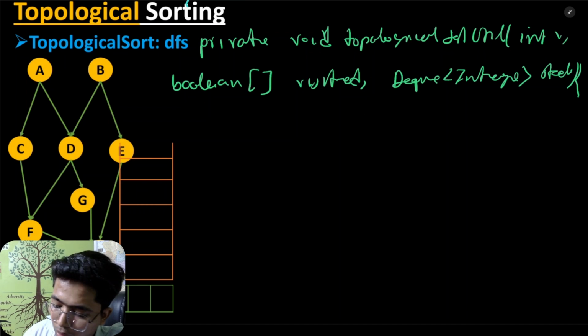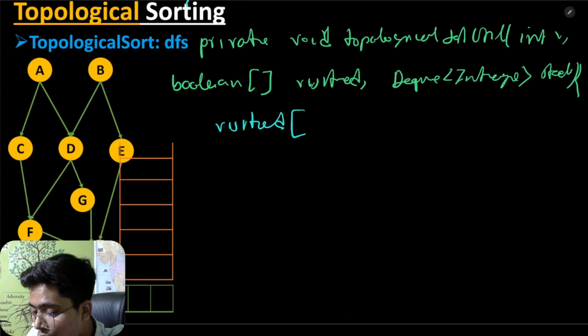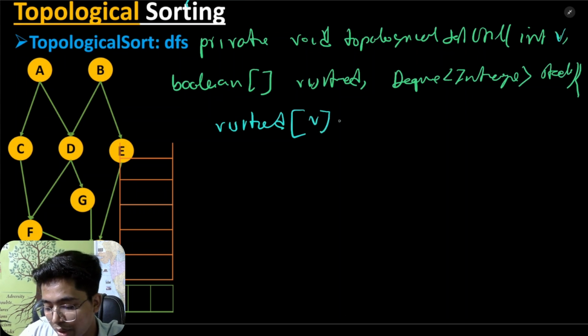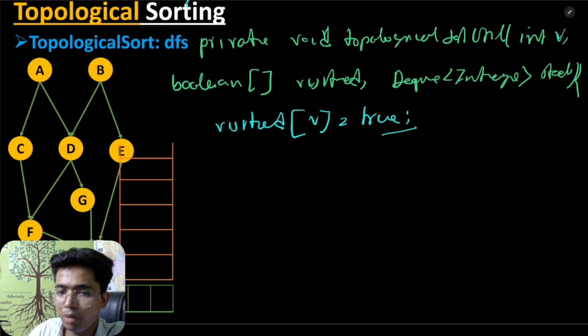Now whoever node comes, we mark that node as visited. So visited of v is marked true. Or if you used a set, we could directly add it. Now we'll be checking all the adjacent vertices.